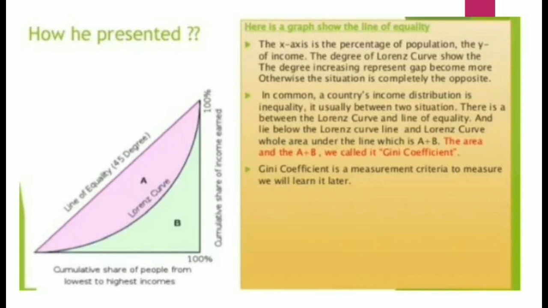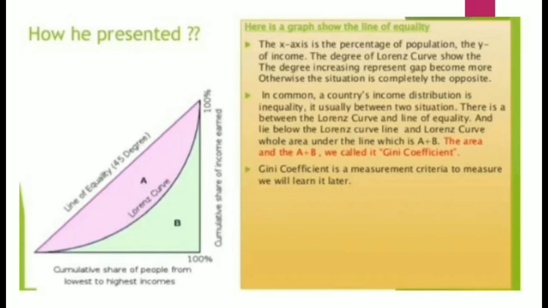In common, a country's income distribution is unequal. It usually lies between two situations. There is an area between the Lorenz curve and the line of equality, and the area below the Lorenz curve, and the whole area under the line is A plus B. The area A divided by A plus B, we call it the Gini coefficient.